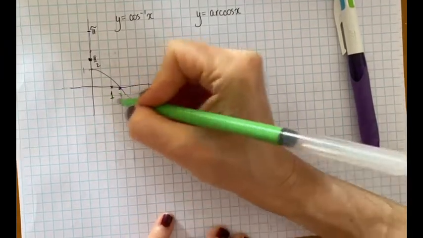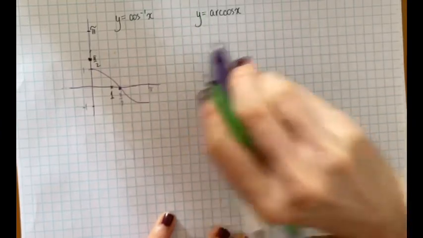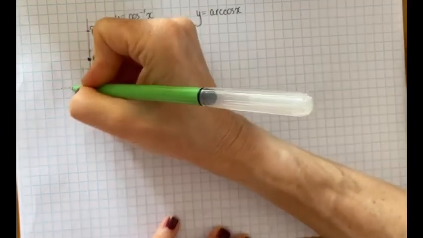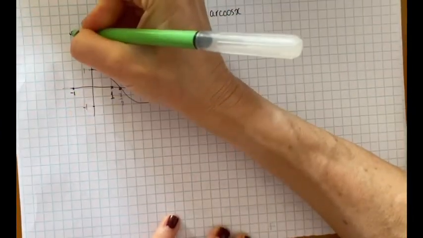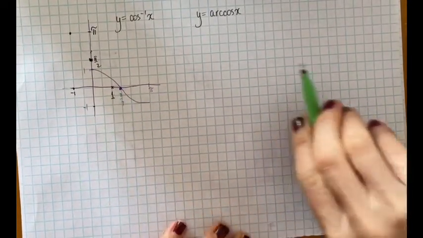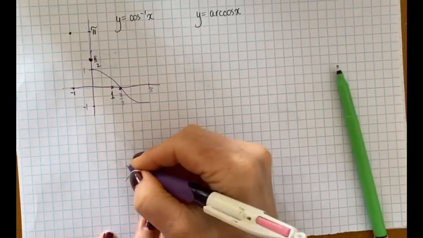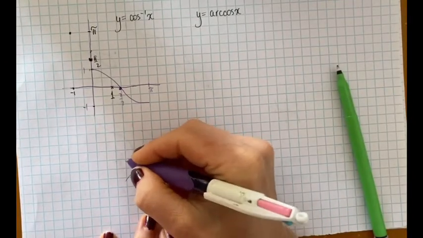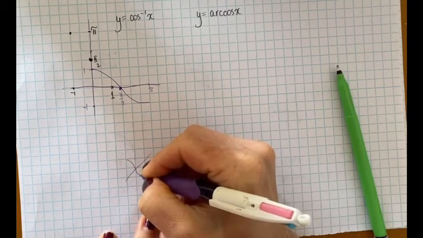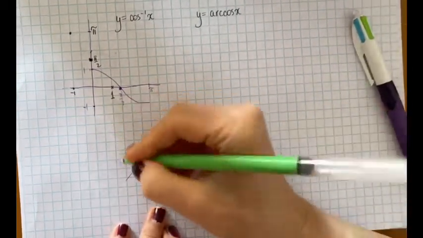The 1 used to be here, and minus 1 at pi, so I need to go to minus 1 at pi. I'll be going from here and I'll finish over here. So imagine reflecting this like this quickly. You want to do the graph like this.